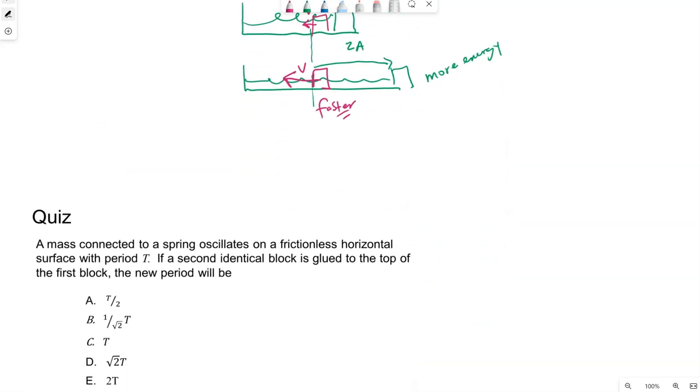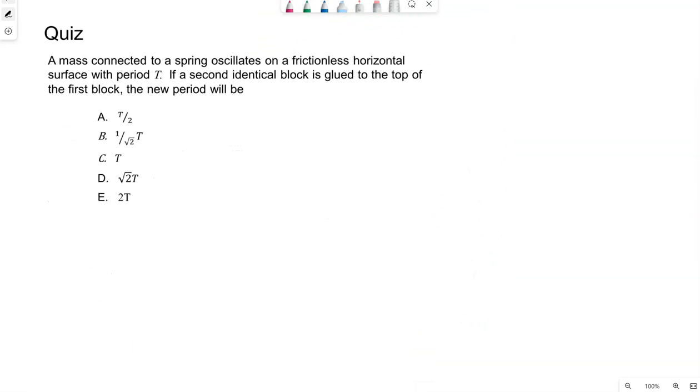I have another question here. What do you think about this one? All right, I'm going to reason through this one because I need to in order to ensure I'm getting the right answer. So we're essentially doubling the mass. In the previous example, we found the period of a mass spring system ends up being 2 pi times the square root of m over k.